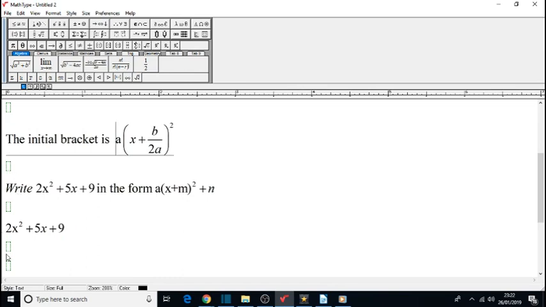So let's move on to the first question. Write 2x squared plus 5x plus 9 in the form a open bracket x plus m close bracket squared plus n. So first write out the equation as we've done here. Secondly, we need to identify the a, b and c values. So a is equal to 2, b is equal to 5 and c is equal to 9.